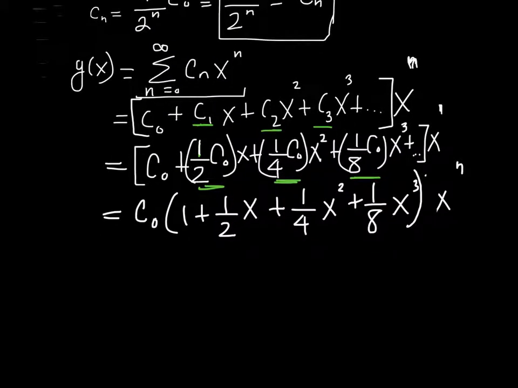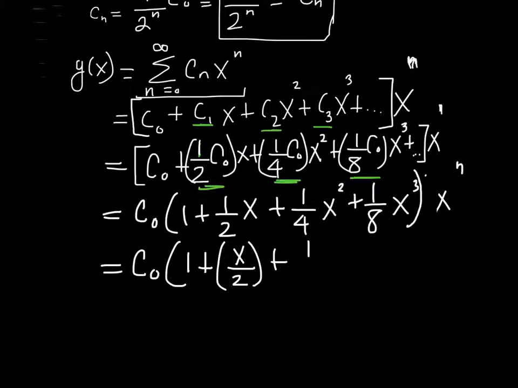I just input my cn's, and I factor out my c naught. And again, this is up to you if you see the pattern quickly or not. I want to rewrite this as 1 plus, okay, this is really x over 2, plus, from above, I'm going to write this as x over 2 squared, right?